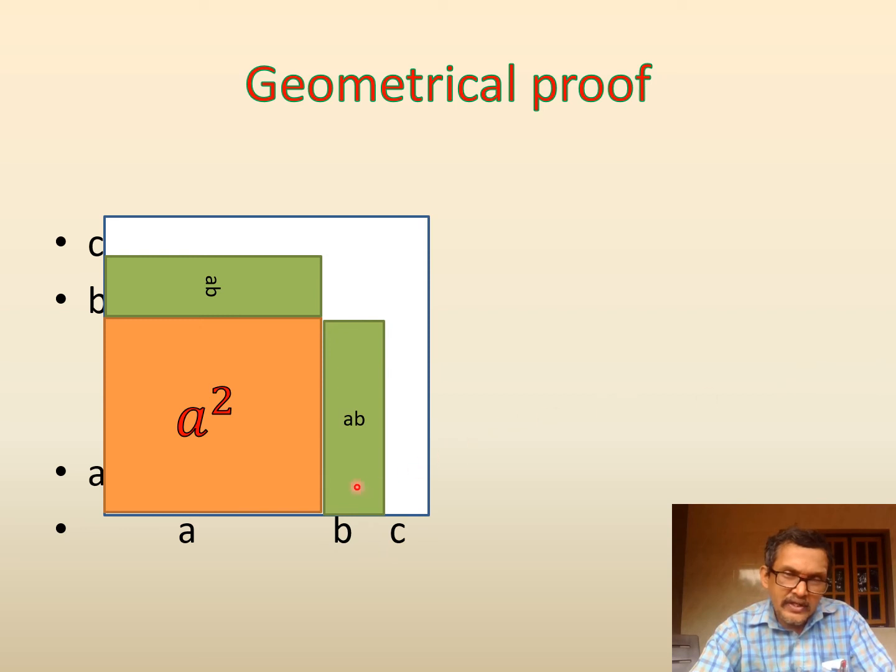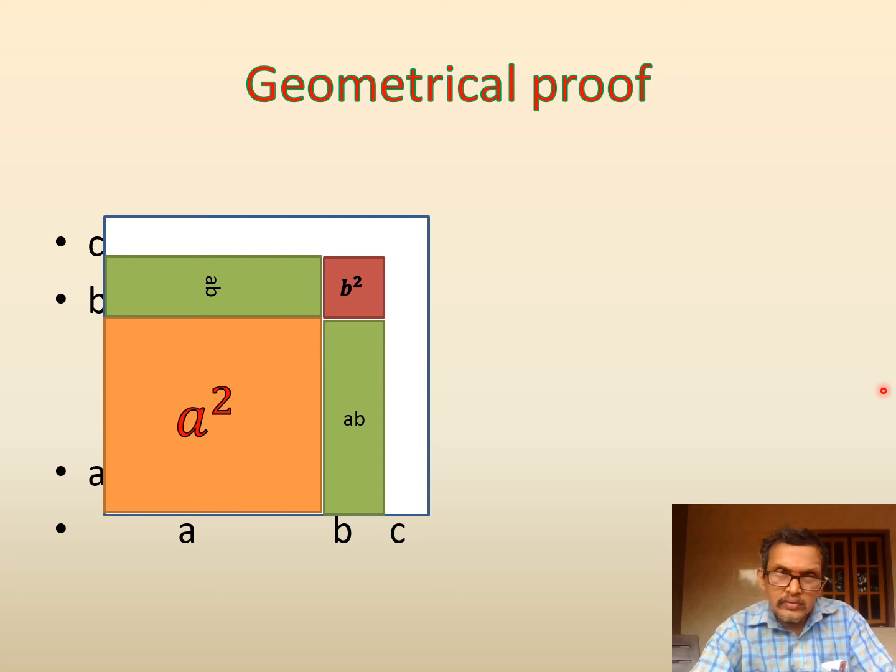Again this is another rectangle with the same area, A and B, so this is AB. So 2AB. Then B squared. If you consider this, you will get A plus B whole squared equal to A squared plus 2AB plus B squared.